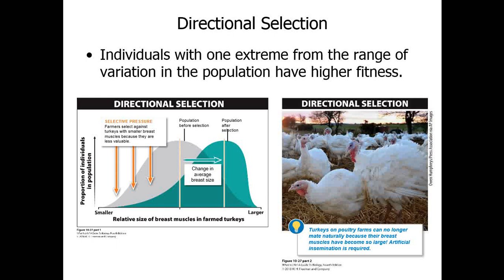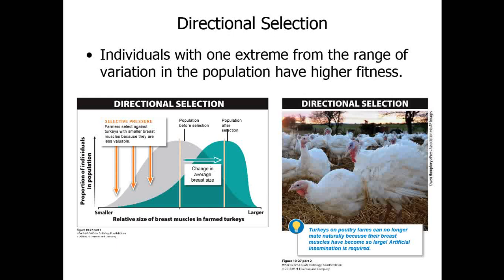In the example with the turkeys here that they've got up on the screen, the selective pressure is us, and we are selecting against the smaller, tinier breasted birds because we want to eat big fat turkeys with big fat breasts, right? That's what we want. Rather than breeding together the smaller breasted turkeys, we're going to only breed together the turkeys that have the biggest breast muscles.